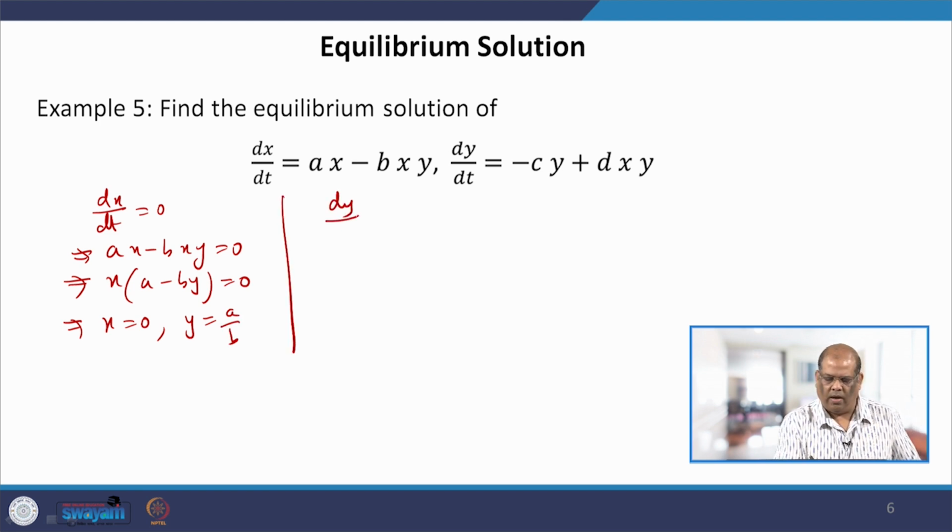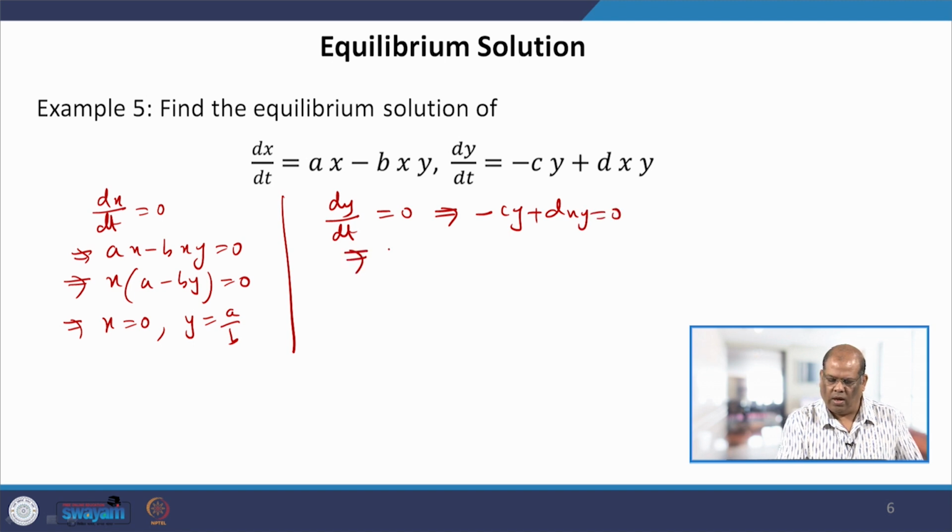In a similar manner, we put dy/dt equal to 0, which gives minus cy plus dxy equal to 0. Taking y common, y times (minus c plus dx) equal to 0, which implies y equal to 0 and x equal to c by d.